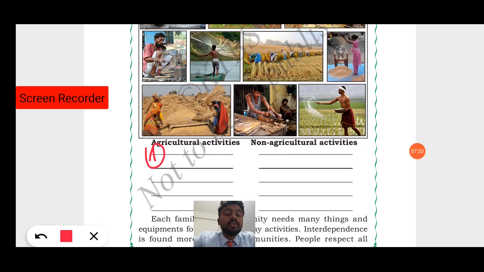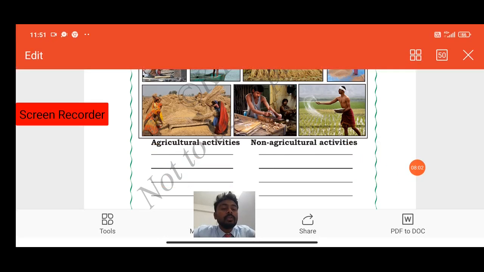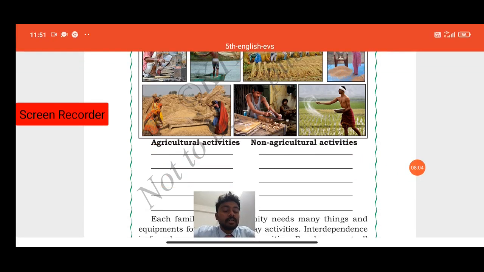Spelling: cultivation of soil. Okay. Second one, cropping. Third one, farming operations. Fourth one, ploughing the land to grow the crops. Fifth one, harvesting the crop. So you write these in page number 34.